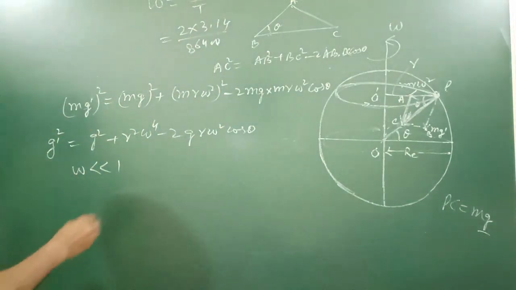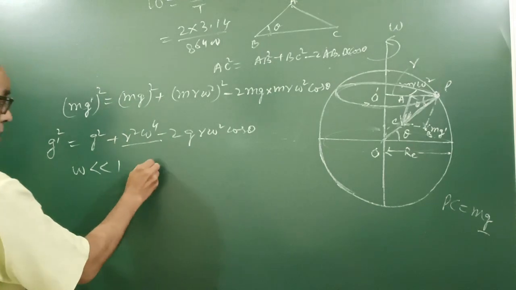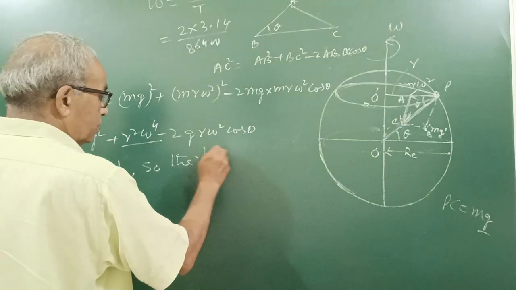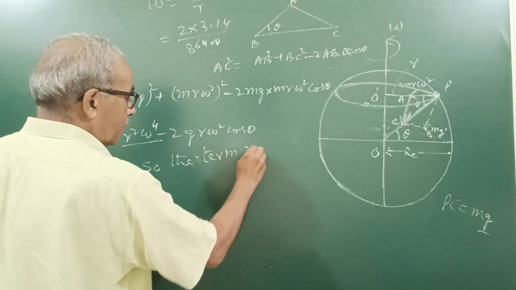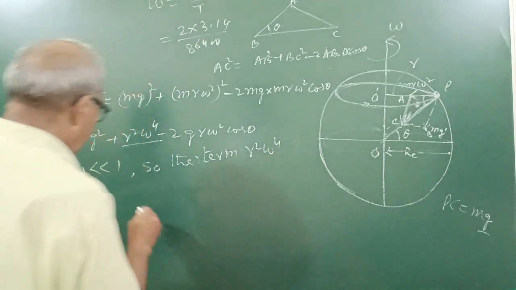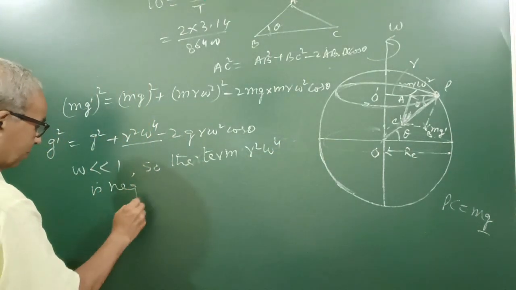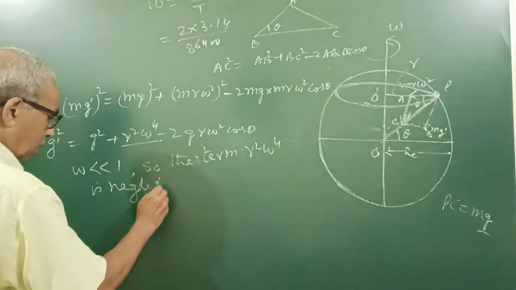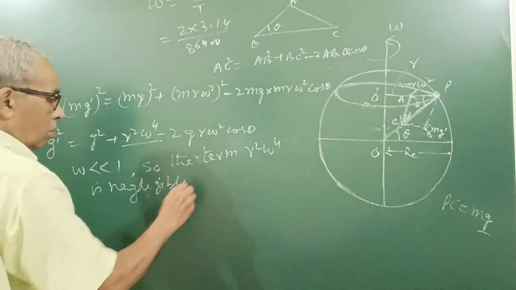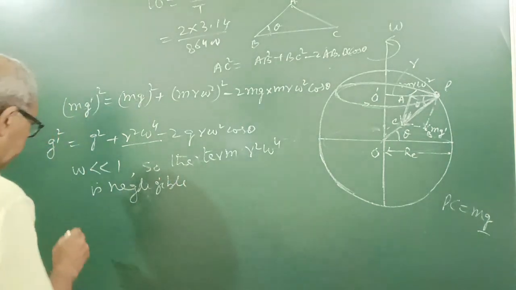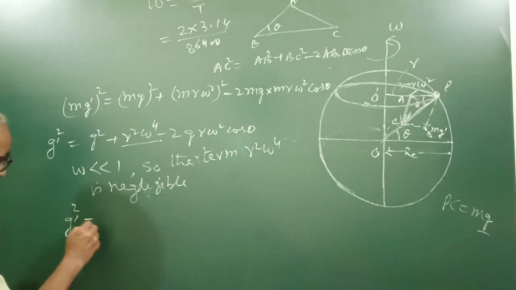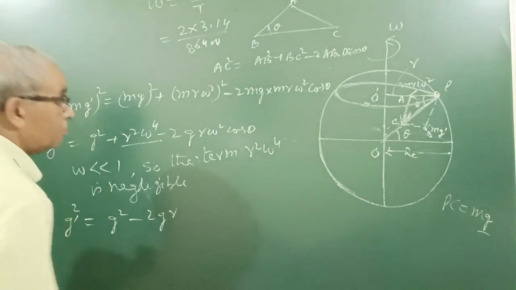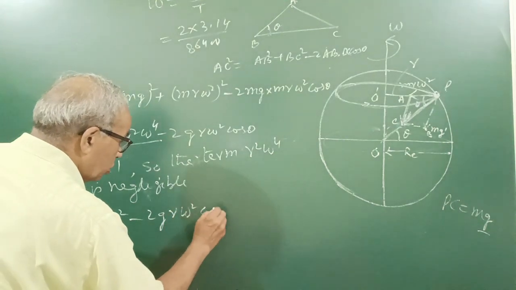That way omega is very small, so this term r squared omega to the power 4 is negligible. And hence g dash squared equals g squared minus 2 g r omega squared cos theta.